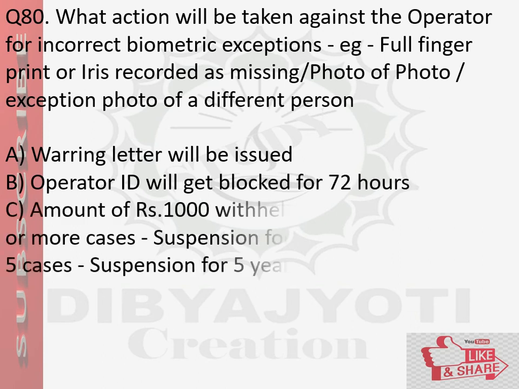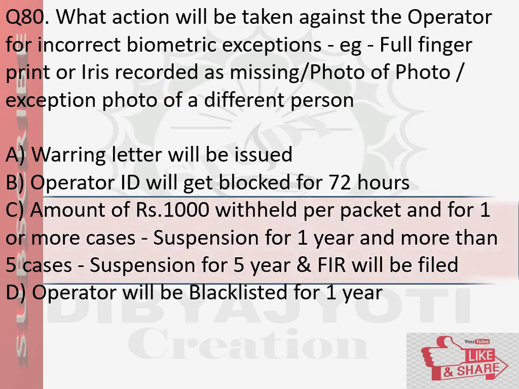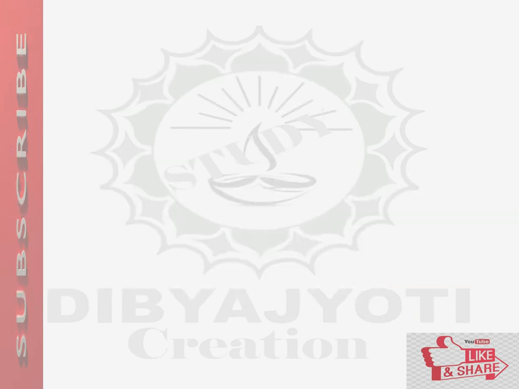And the answer is option C: amount of ₹1000 withheld per packet, for one or more cases in a month, suspension up to 1 year, more than 5 cases, suspension up to 5 years, and FIR will be filed.